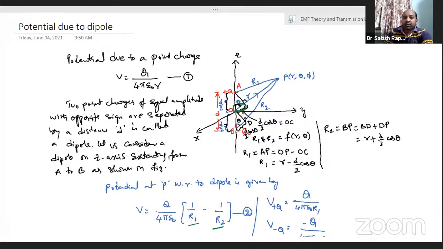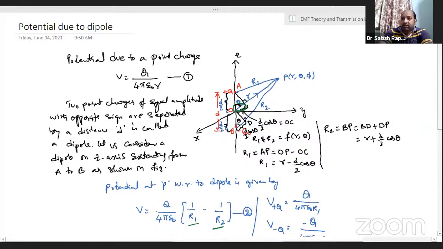What is meant by a dipole? Two point charges separated by a distance d is called a dipole. And we have determined the potential at a point P with respect to a dipole. A dipole is considered along the z-axis, and the potential at point P is determined.